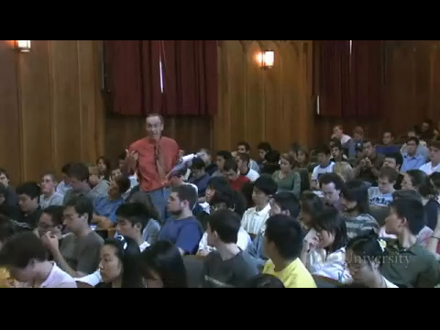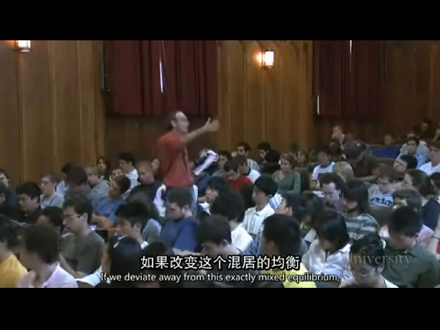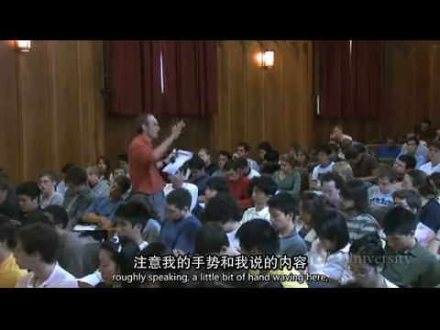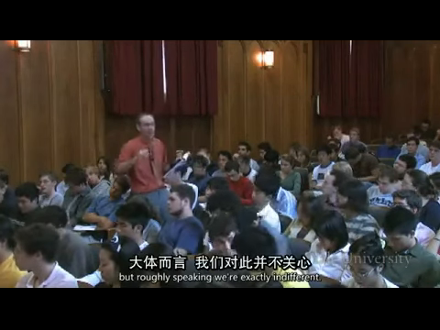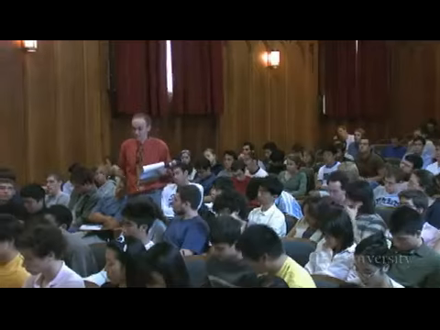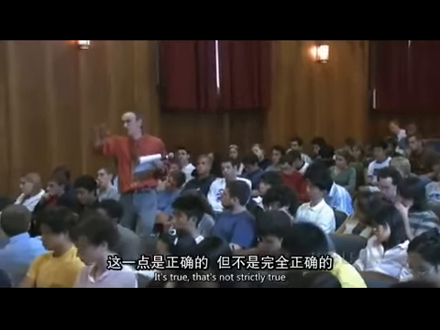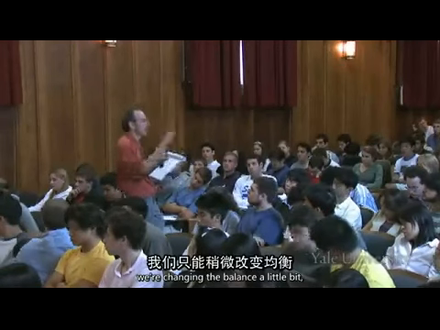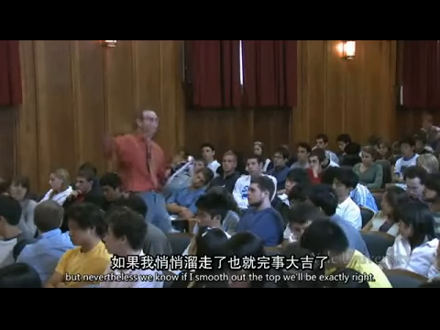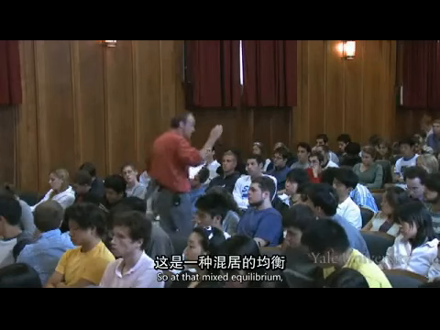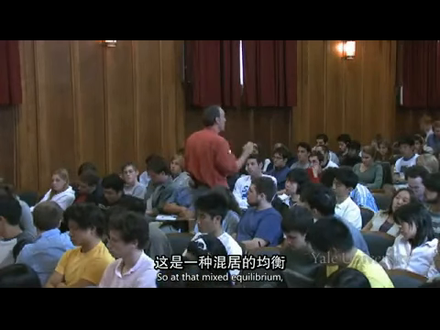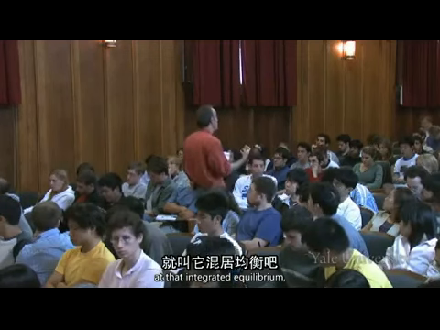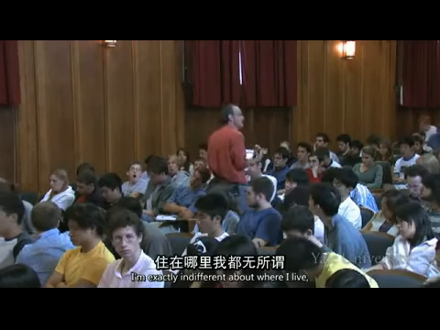What do we mean by that? If we deviate away from this exactly mixed equilibrium, roughly speaking, a little bit of hand-waving here, we're exactly indifferent. All right? It's not strictly true because I guess by ourselves moving, we're changing the balance a little bit. But nevertheless, we know that if I smooth out the top, you'll be exactly right. So at that integrated equilibrium, I'm exactly indifferent about where I live.